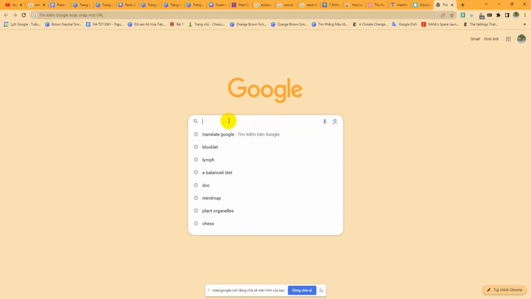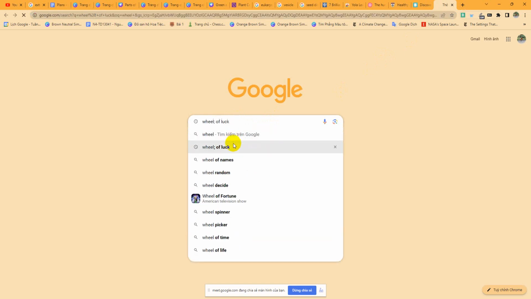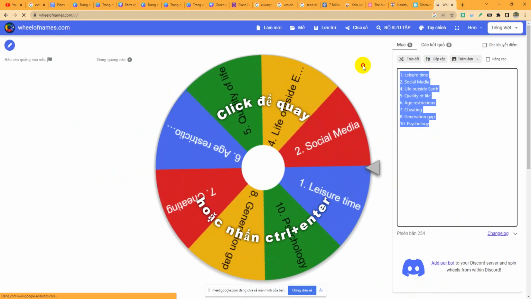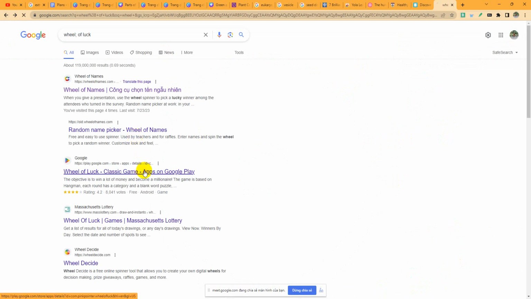Since you guys all have different perspectives about which game we should play, I decided to do a wheel. Wheel of Luck. We're just going to type our favorite topics here, and then we will randomly choose one.